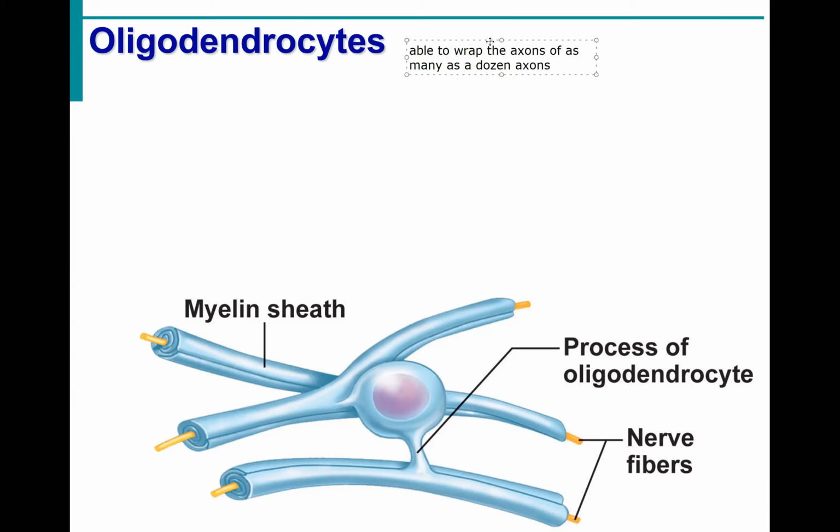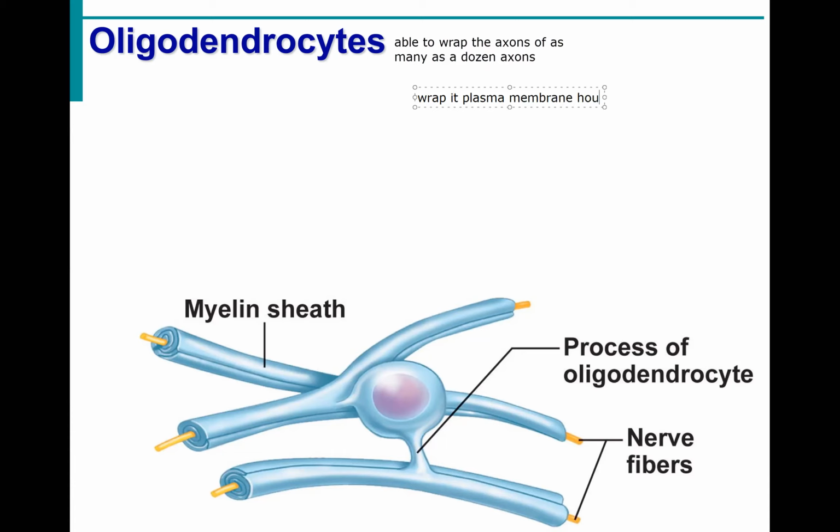And when they do that, instead of just holding its process in space, forming that scaffolding like the astrocyte does, our oligodendrocyte will wrap its plasma membrane hundreds of times around the axons.